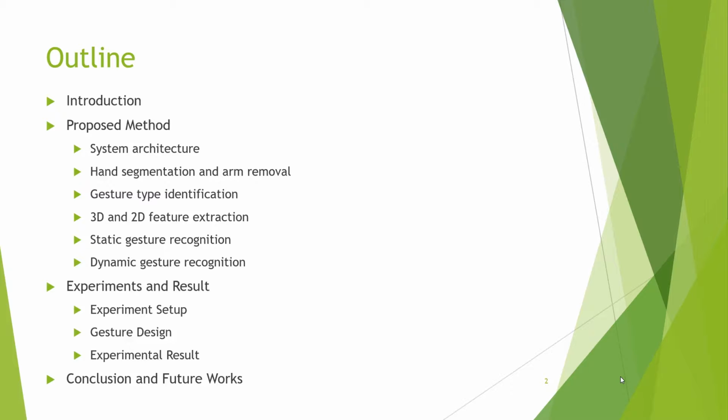First, the system architecture, then hand segmentation and arm removal, and then gesture type identification, 3D and 2D feature extraction, static gesture recognition, and then dynamic gesture recognition. After the explanation of the proposed method, we are going to present our experiments and the results of our approach.